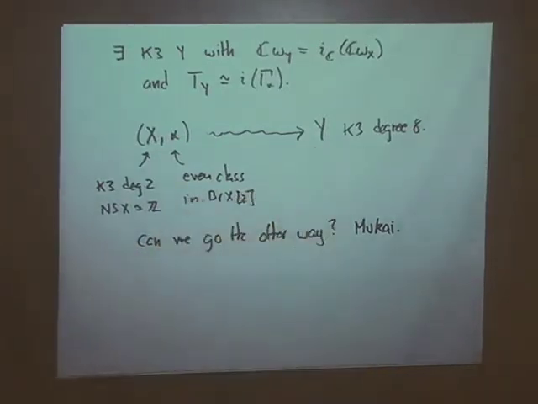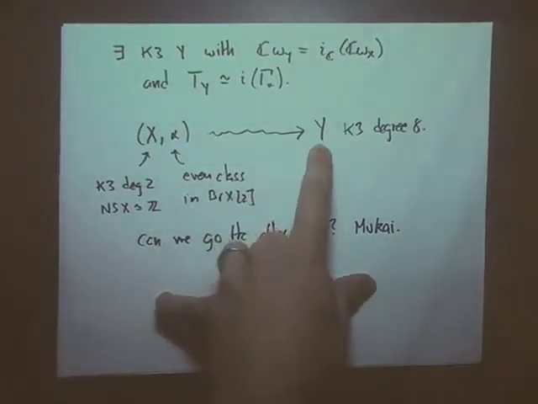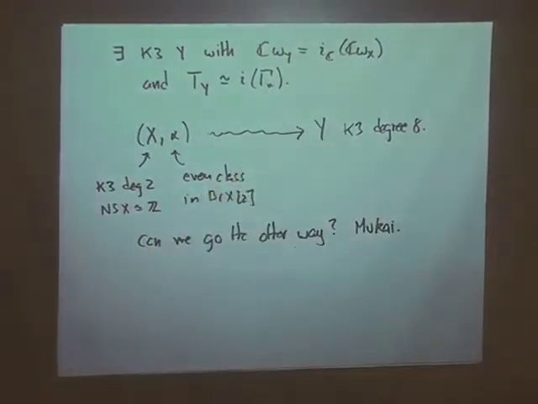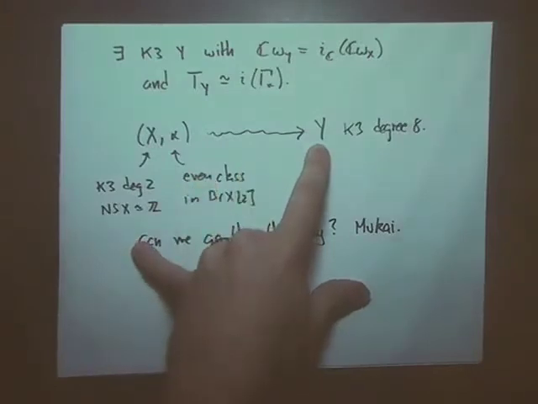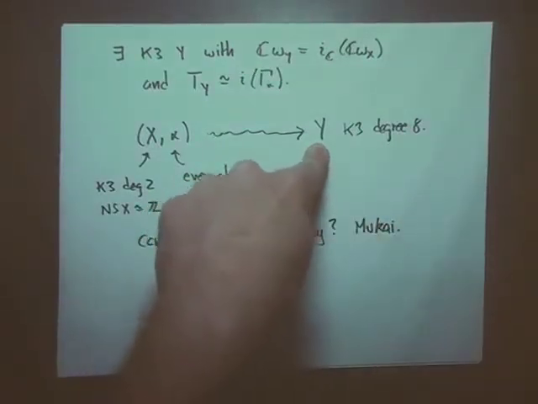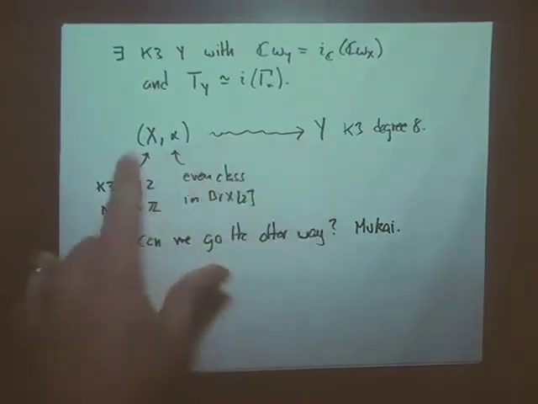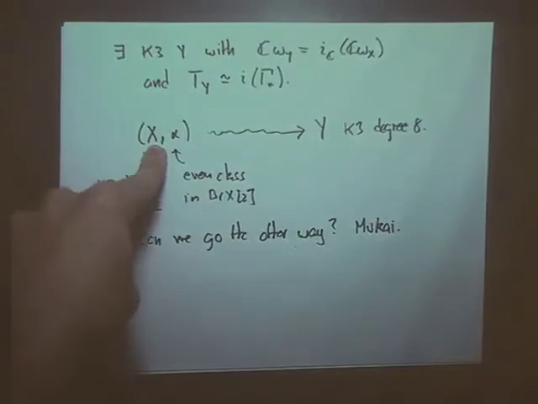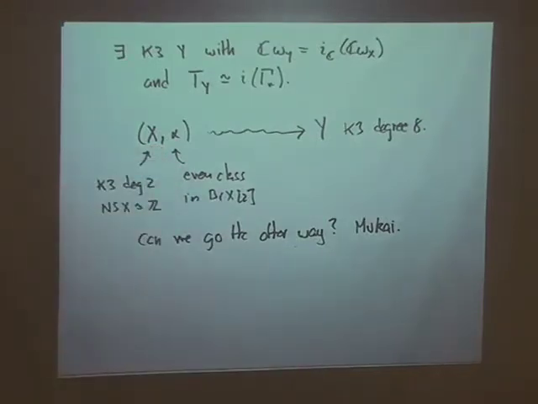So what Mukai did is, he did a lot, but in the simplest case, his work showed that if you started with a K3 surface of degree 8, and if you considered a moduli space that parametrized stable sheaves, whatever those are, on this K3 surface that had certain fixed invariants, then this moduli space turned out to be a K3 surface of degree 2, and that was X. And then he tried to see this moduli space turned out to be a coarse moduli space.